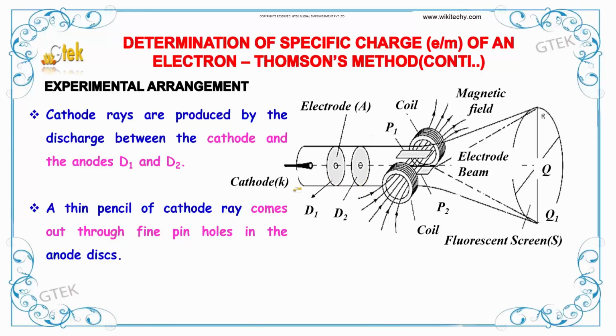So the rays pass from here to here and are deflected by the magnetic field towards this direction or this direction. A thin pencil of cathode ray comes out through fine pinholes in the anode disc.